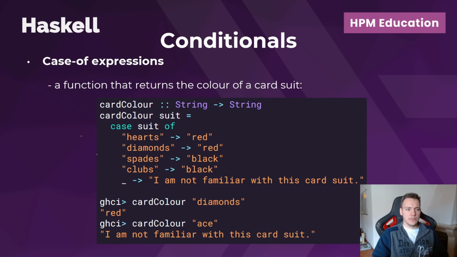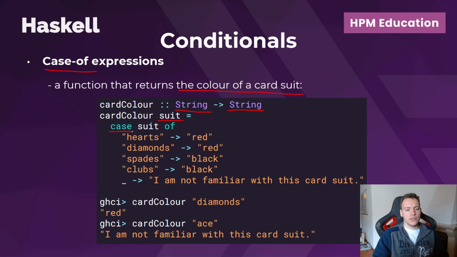Here we have an example of a case of expression that will hopefully make things a bit clearer. So imagine that we want to write a function that returns the color of a card suit. This function will take in a string argument and give back a string result. The argument will be the suit of the card, and the result will be the color we give back.